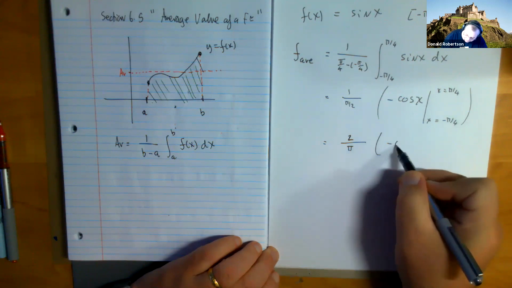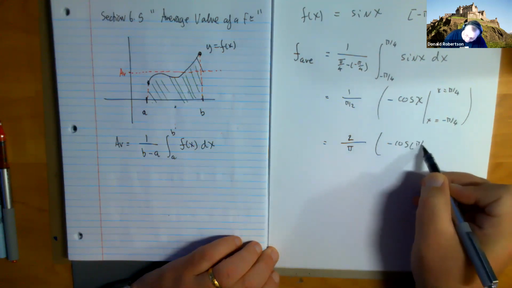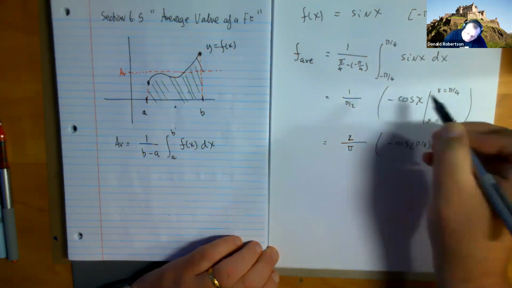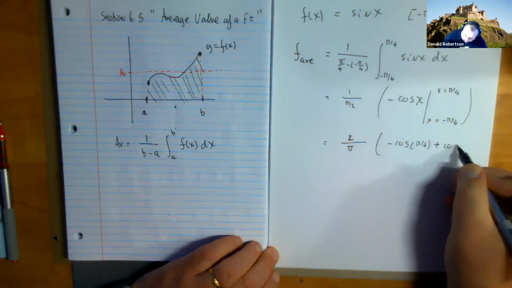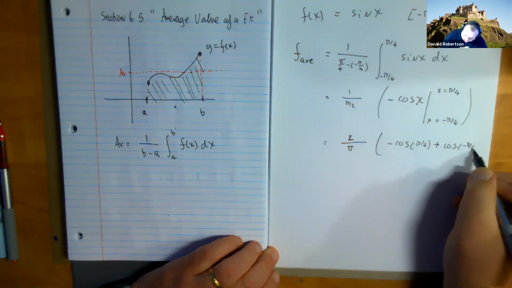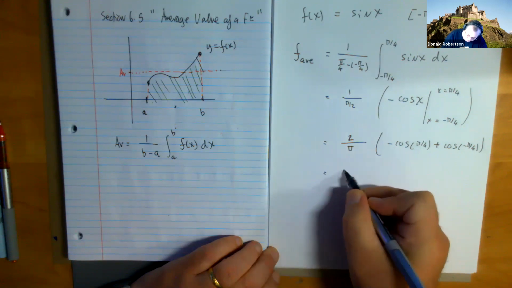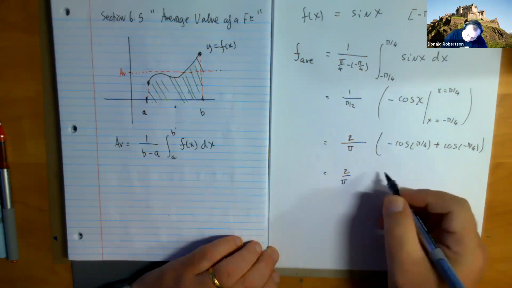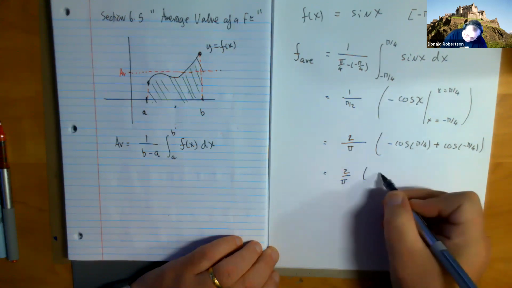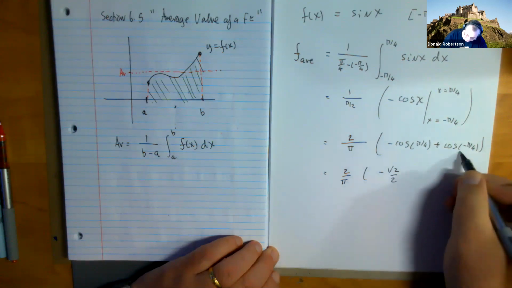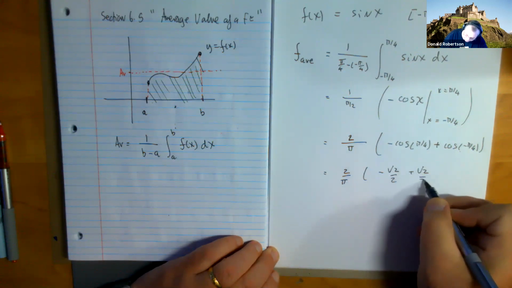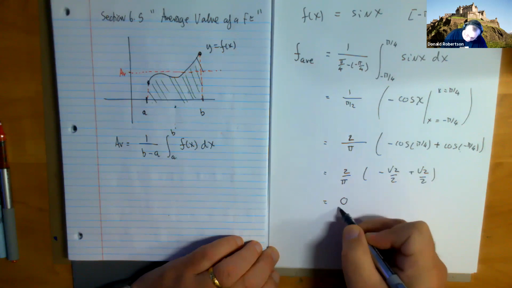Okay. Negative the cosine of pi upon 4, take away negative is add the cosine of negative pi upon 4. That guy is negative root 2 over 2. This guy is positive root 2 over 2. That's where the 0 came from.